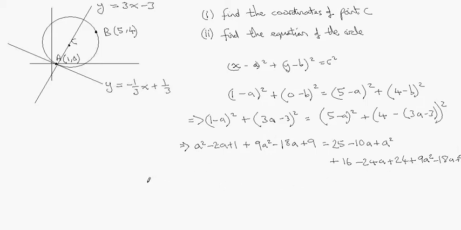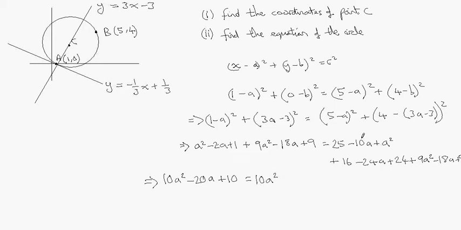So we can sort this out a bit. A squared plus 9a squared is 10a squared, minus 2a minus 18a is minus 20a, 1 plus 9 is 10, last term on the left hand side. The right hand side we have a squared plus 9a squared again, so 10a squared.